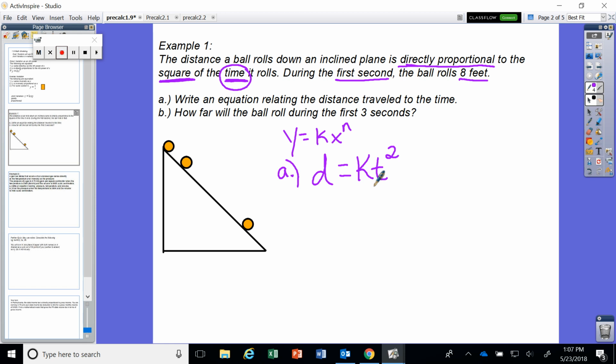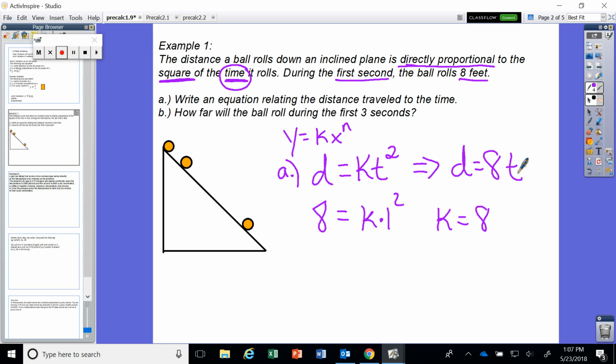I can find it out by utilizing the brief description they gave me, because 8 feet down, the ball goes down 8 feet once that first second is in the books. And so what this means is that the constant of variation actually equals 8 in this case. And so an equation that does, in fact, relate distance to time is that d equals 8 times t squared.